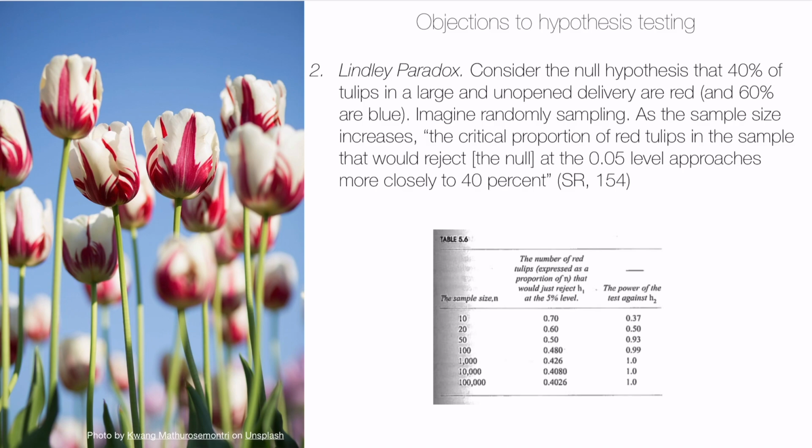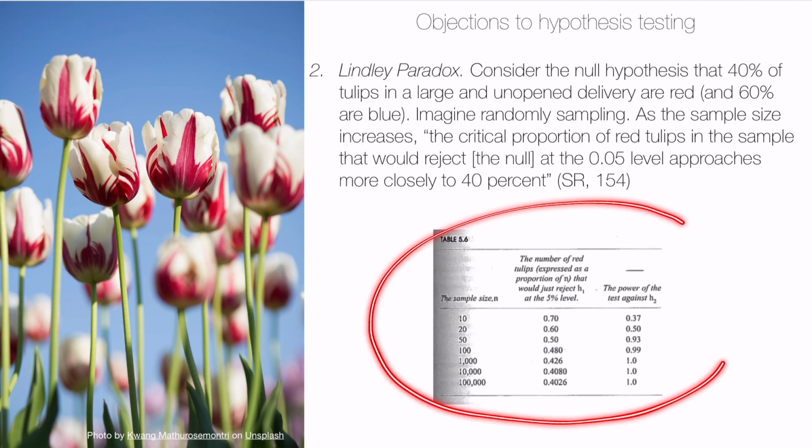And often this paradox is described in terms of a series of hypothesis tests, each one having the same null and alternative hypothesis and the same population from which you're sampling, but sampling more and more units from that population. And so that's sort of what's being described in this table here.